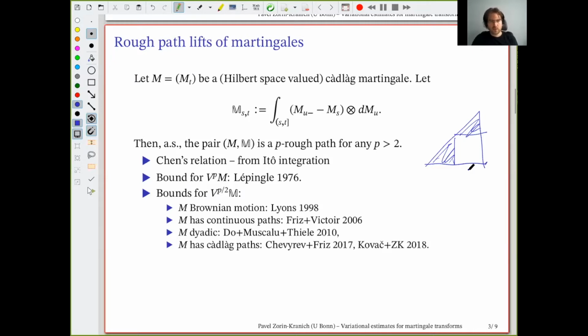For more general martingales with continuous paths, this was proved by Friz and Victoir using basically an extension of Lépingle's argument. Now, I come from harmonic analysis, and in our community, Do, Muscalu, Thiele proved such an estimate for dyadic martingales.